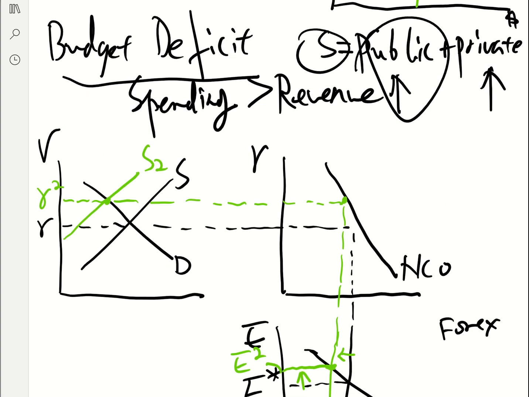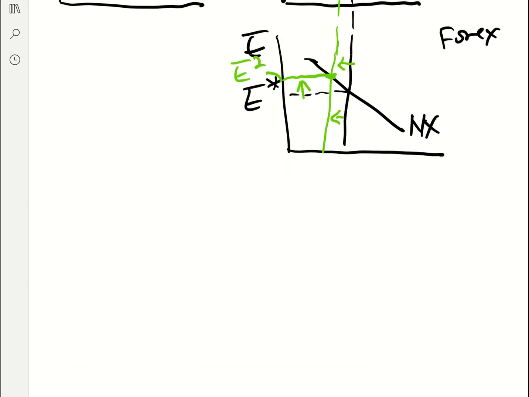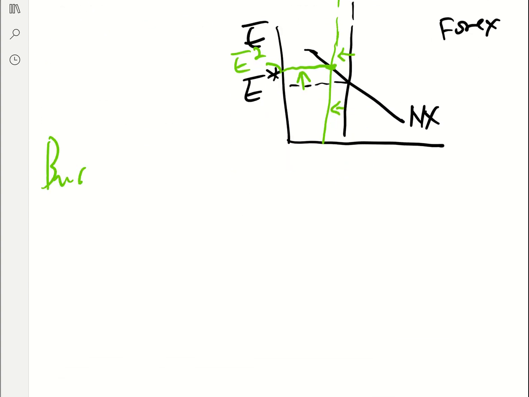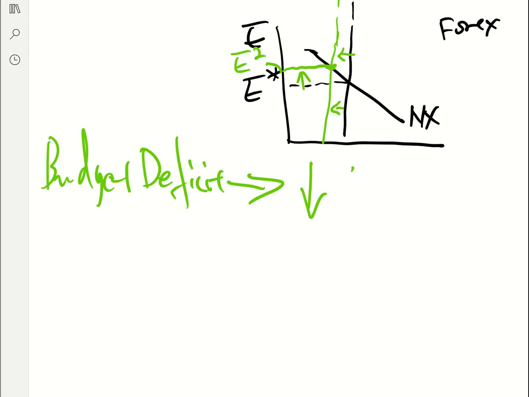Okay. So a government budget deficit will lead to a decrease in national saving or public saving. This will lead to an increase of the real interest rate because the government needs to borrow more money.